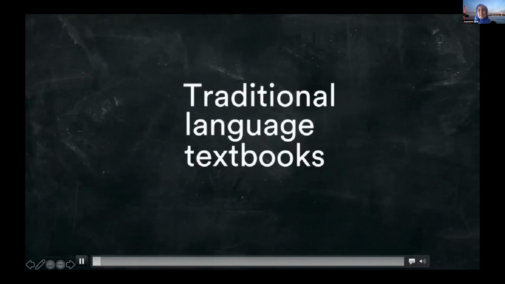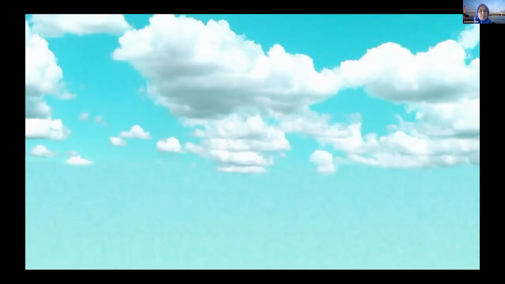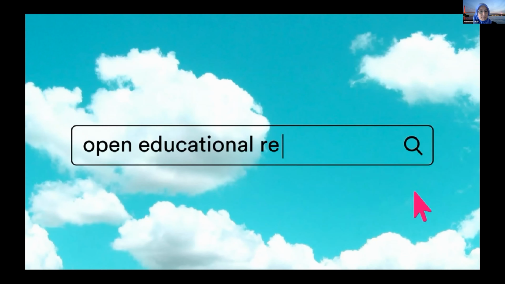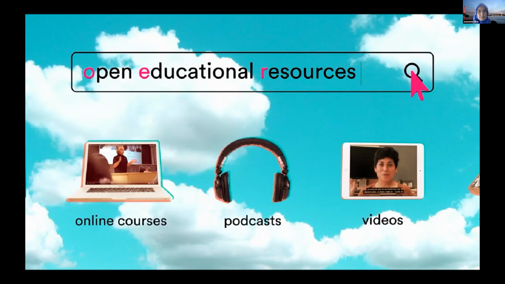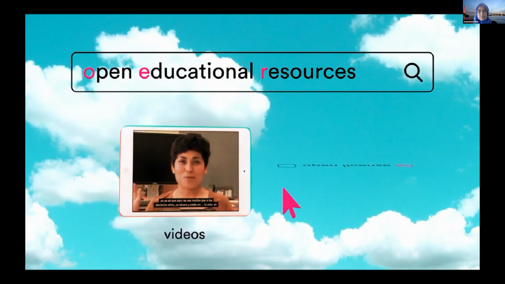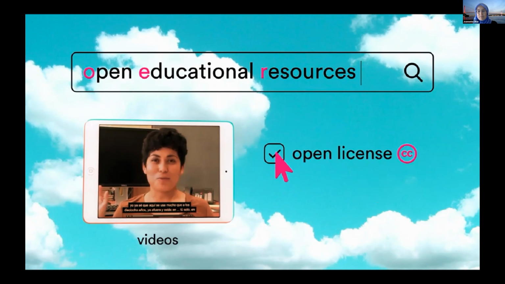Traditional language textbooks are limiting. With no way to customize them, teachers can feel stuck. We're here to tell you about open educational resources. An OER is any material shared by its creator that has a Creative Commons or other open license and is available at low to no cost.